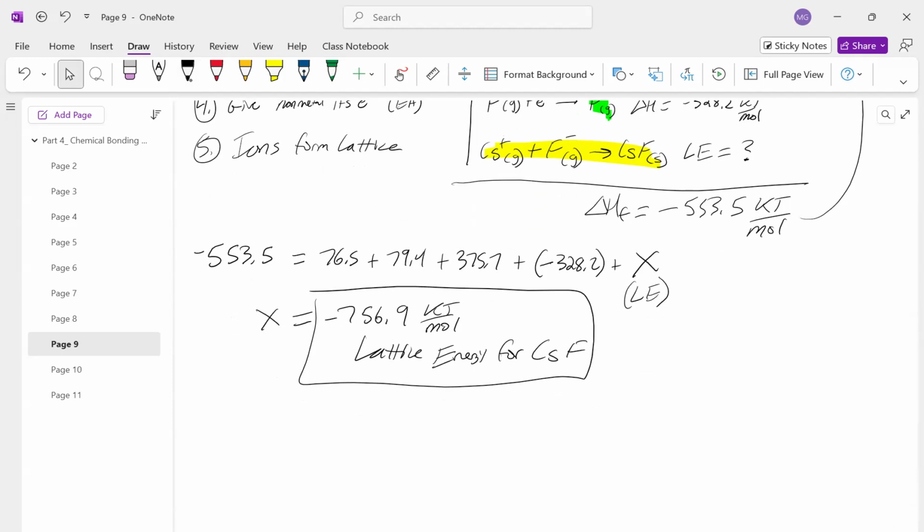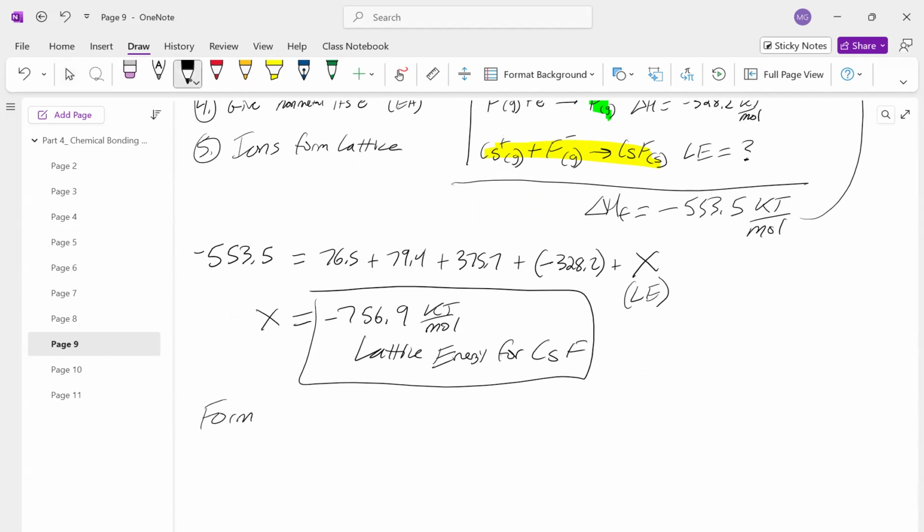Now, one thing I want to make a note of, and this is very important, maybe jot this down somewhere. The formation of a salt isn't favorable or exothermic just because a metal wants to give an electron and a nonmetal wants to get an electron.